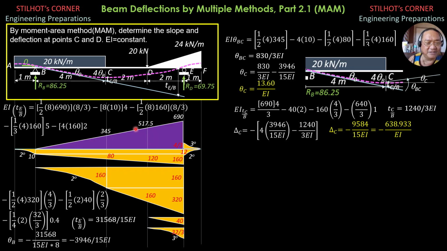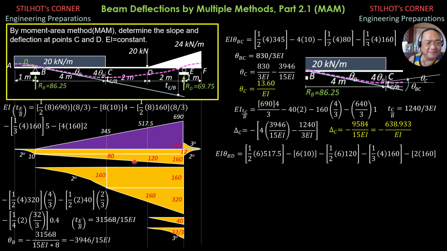So we consider these areas between B and D. EI theta BD first for the angle. So we consider the area 1/2 of 6 times 517.5, minus 6 times 10, minus 1/2 of 6 times 120, then minus 1/3 of 4 times 160.